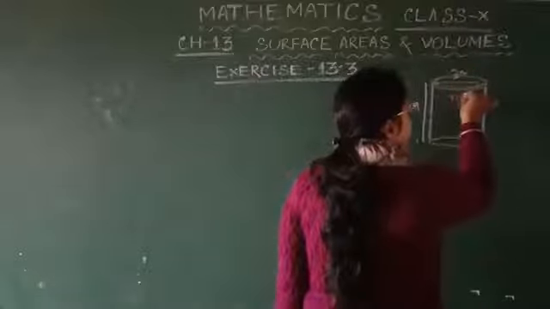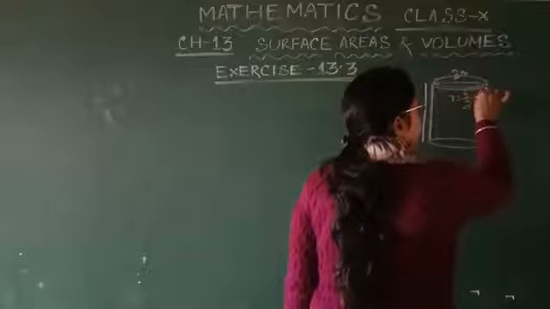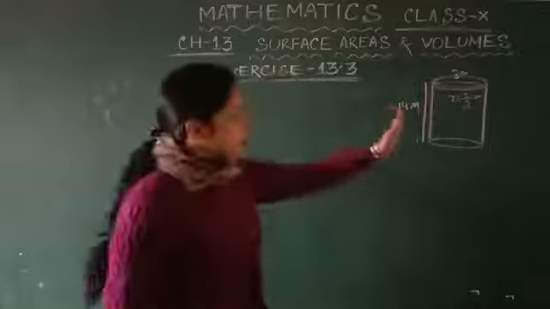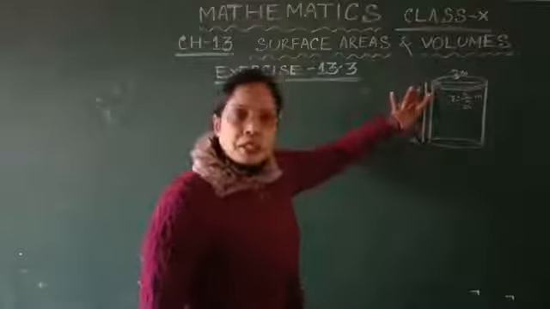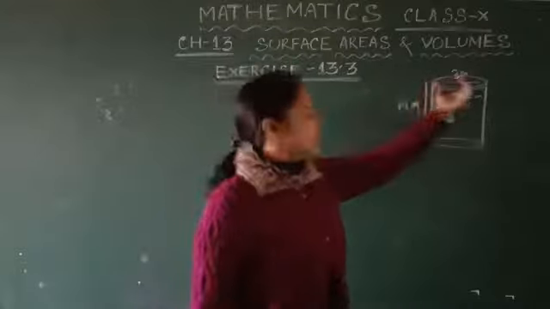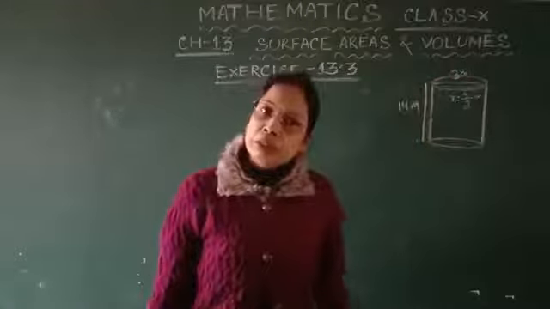So the radius is equal to 3 upon 2 meter. Okay, this is the well. The height or the depth of the well is 14 meter and the diameter is 3 meter, so the radius is 3 upon 2 meter.